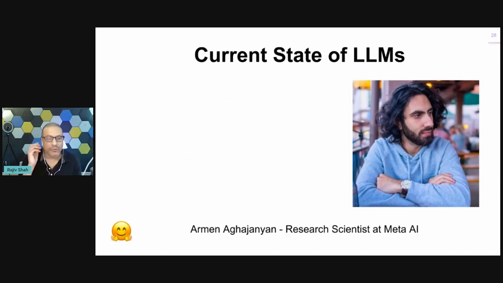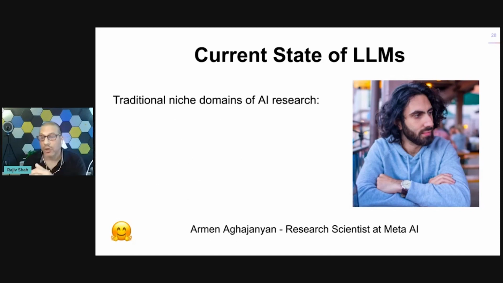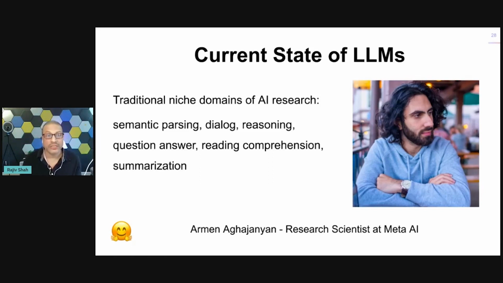So this is why, I heard there was a fireside chat Cohere had with Armand a week or two ago on their podcast, and he was talking about the current state of these LLMs, and how they're affecting the different domains of AI, from semantic parsing to dialogue, right? All these different subsets inside NLP, and his position is that what we've seen with large language models is that these are all dead.